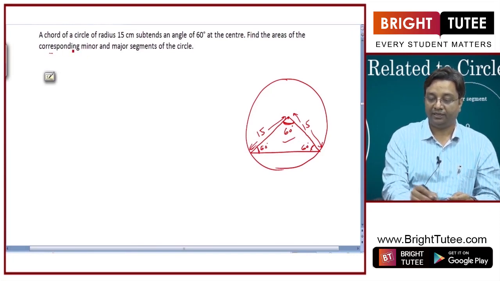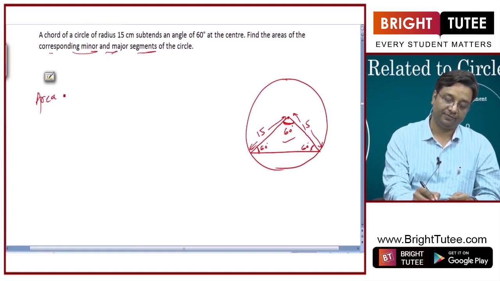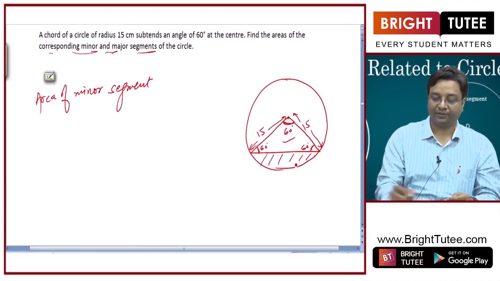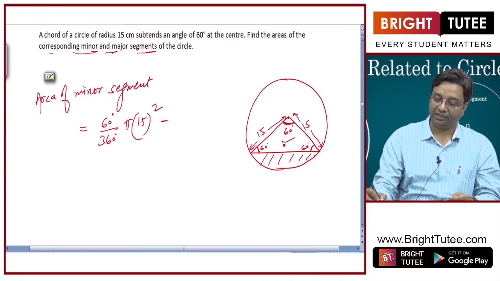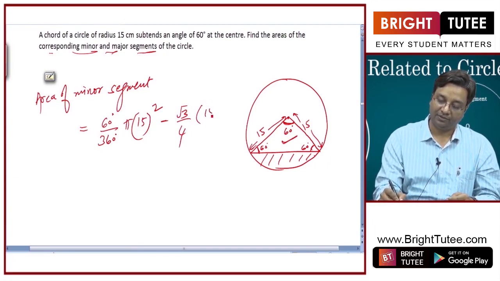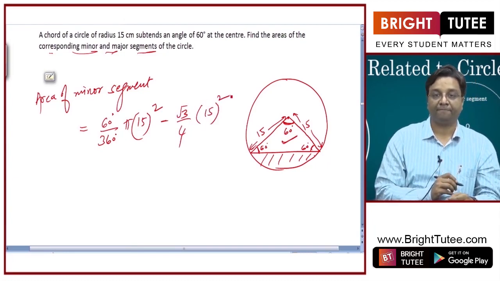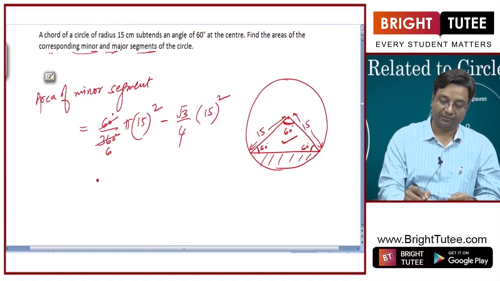Now we need to find areas of minor and major segments. So let's find area of minor segment, which is this one. It is equal to area of this sector, which is 60 by 360 pi r square, minus area of this triangle, which is √3/4 a square, which is again 15.